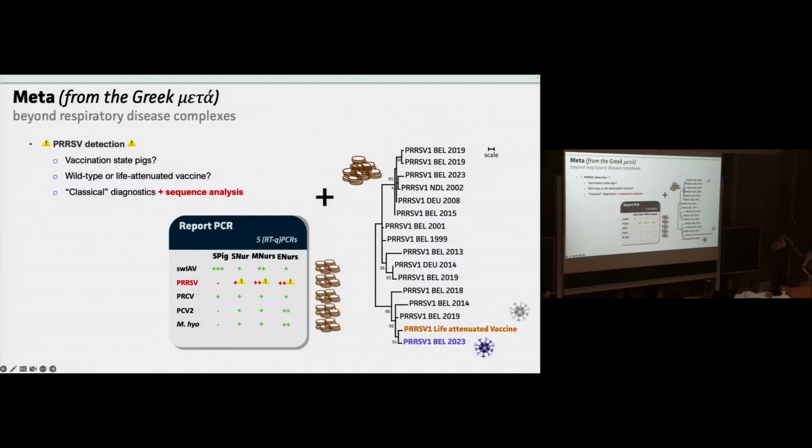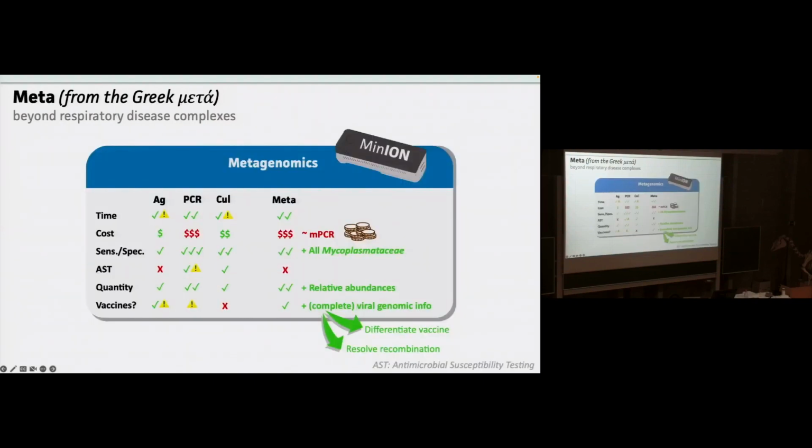Now, if I put this next to all the other diagnostics that I showed you before, we get a time approximately in the same range as the PCR. We get a price in the range of a multiplex PCR. We can detect all Mycoplasmata, but the sensitivity and specificity are slightly lower than the PCR test itself.